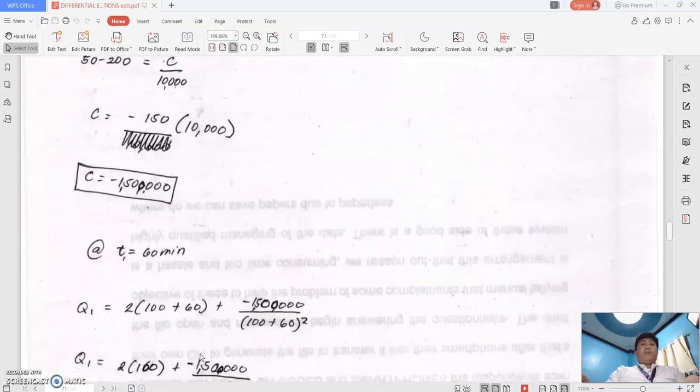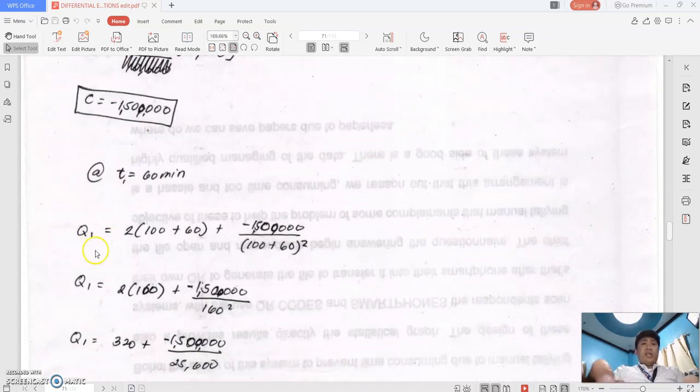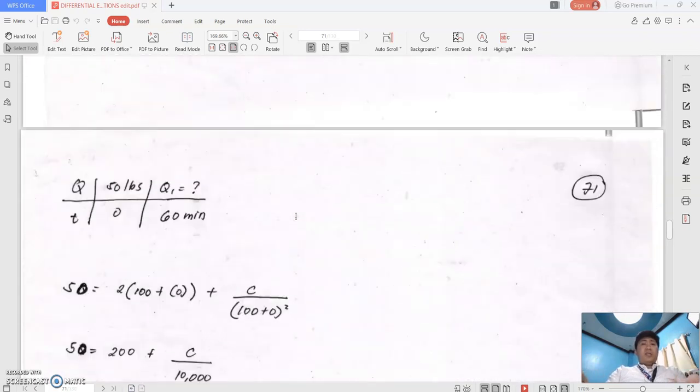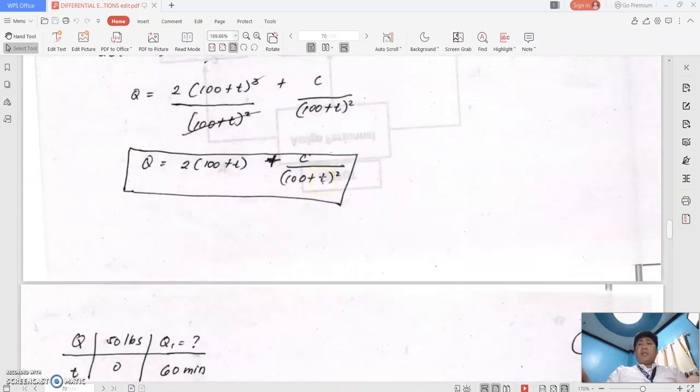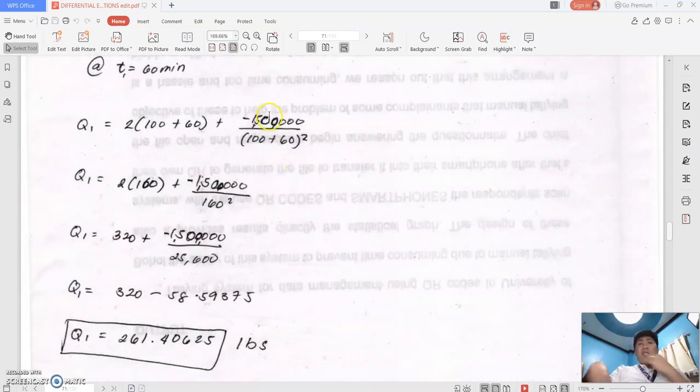Negative 1,500,000. Now, at 60 minutes, we have Q that is unknown. So 2 times 100 plus time, which is 60, plus, if you could still remember, that is C over 100 plus t. So you have C, that is negative 1.5 million over 160 squared.